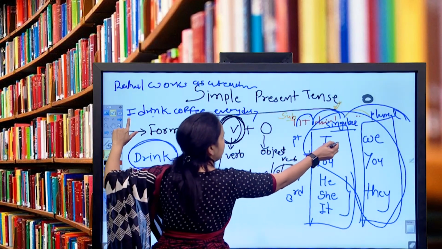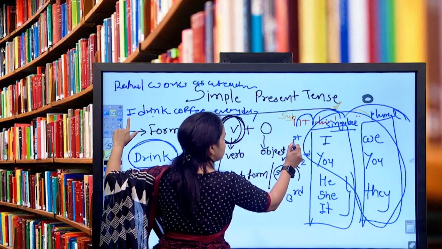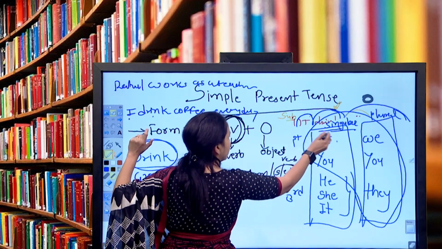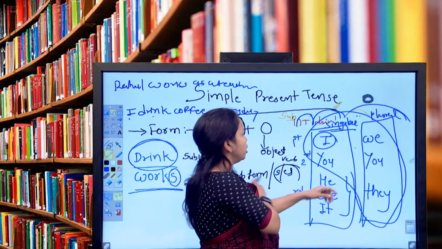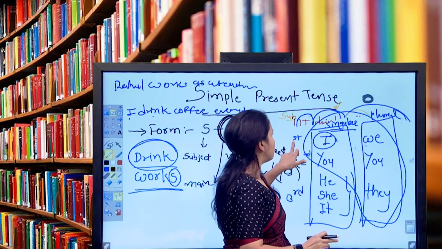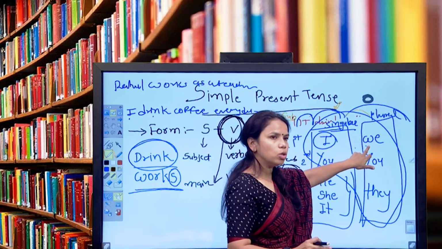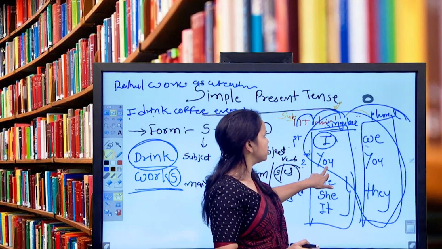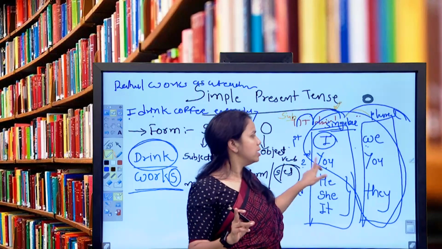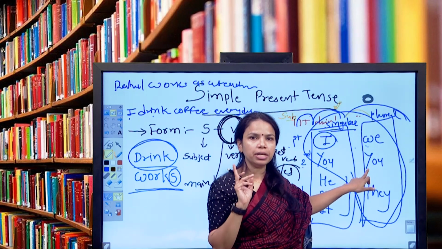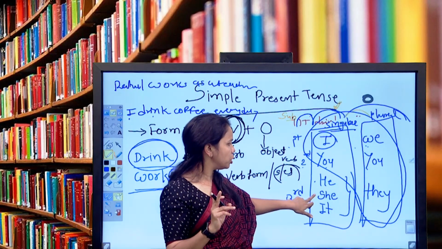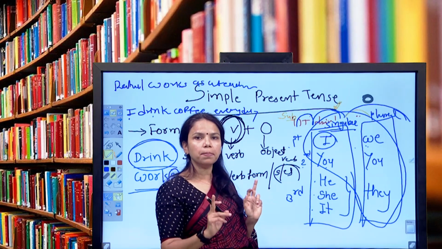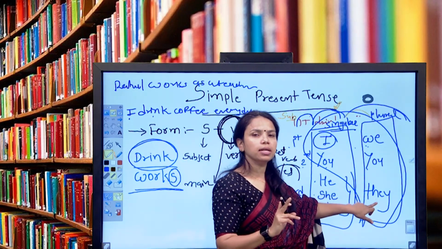I is included in first person singular, right? We is first person plural. Second person singular means you. Second person plural means you. Third person singular means he, she, it. And third person plural means they.